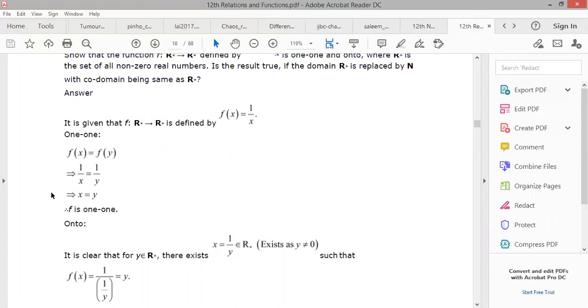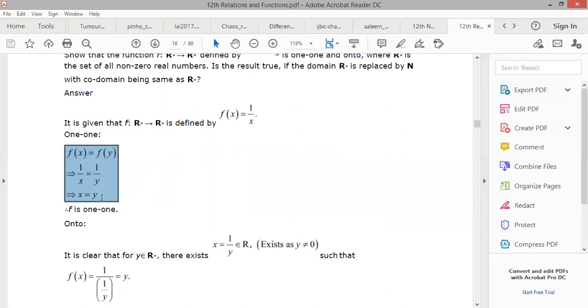For 1-1, we take two points, f of x is equal to f of y. If they are equal, then we have 1 by x is equal to 1 by y, because f of x is equal to 1 by x, and f of y is equal to 1 by y. Taking the reciprocal, as x and y are not equal to 0, therefore x is equal to y.